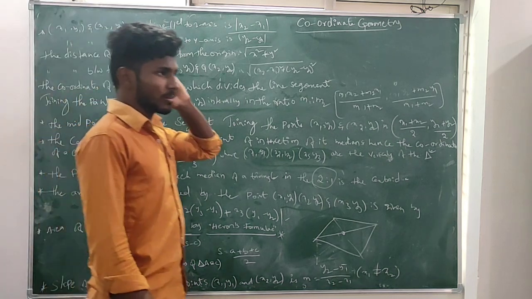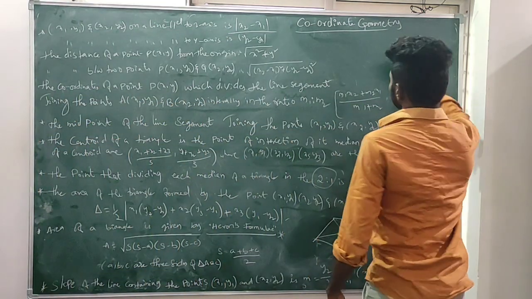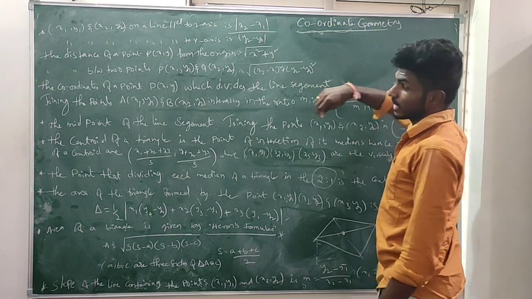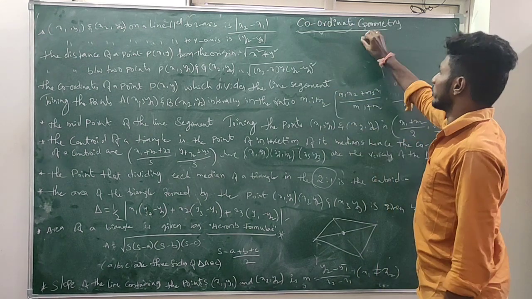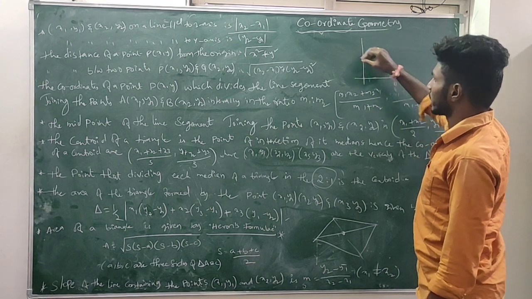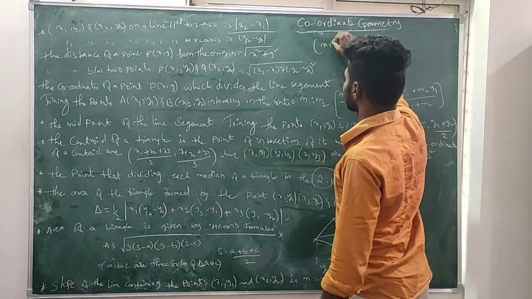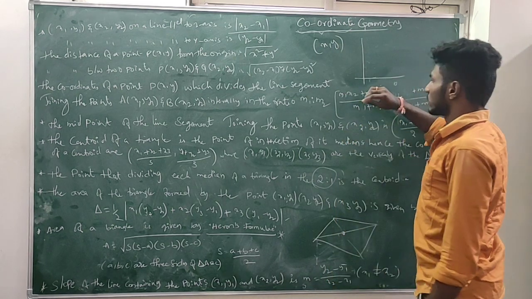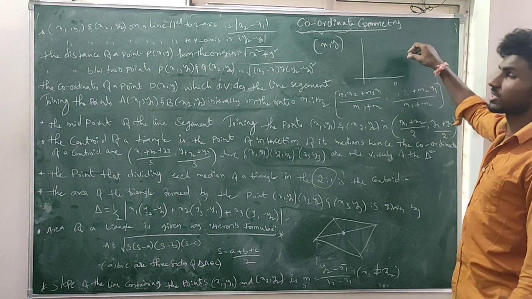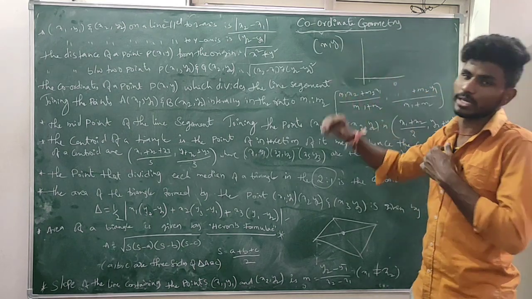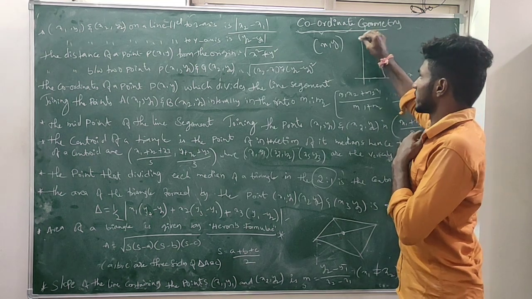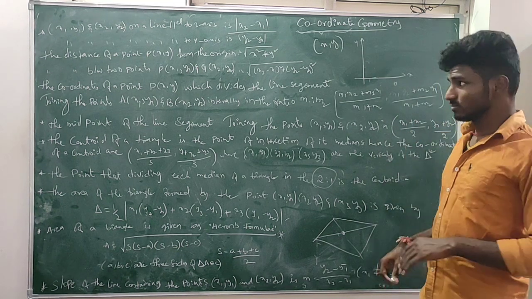Coordinate geometry. Geometry is nothing but, as you all know, plotting something on a graph. The name coordinate itself tells you that we are interested in finding the coordinates of different points. Any point on a graph will have two coordinates, one is the x coordinate and the other is the y coordinate.